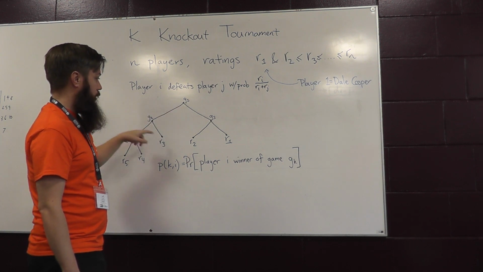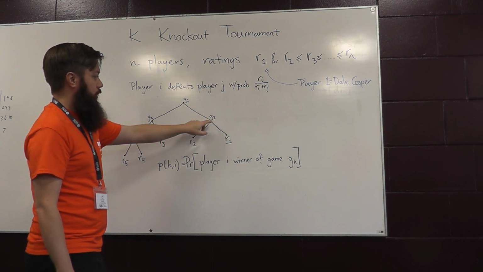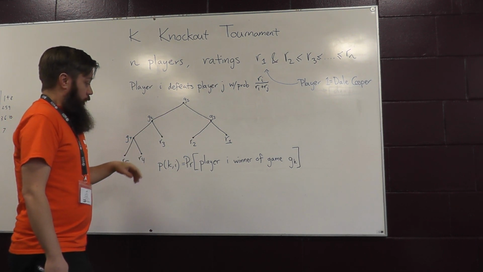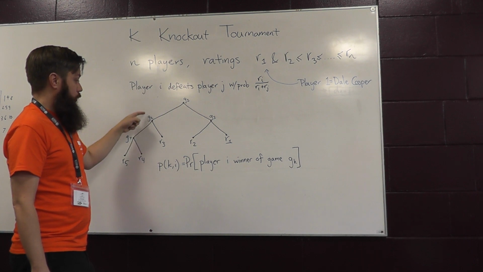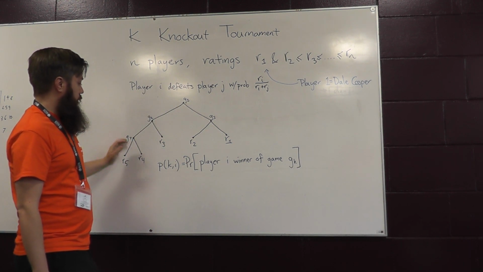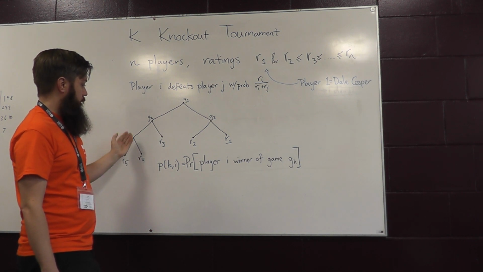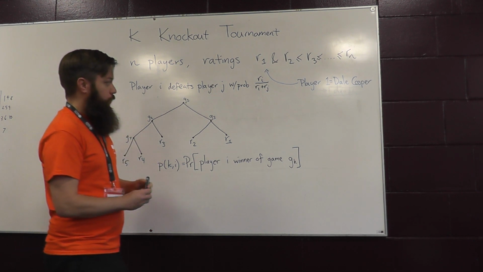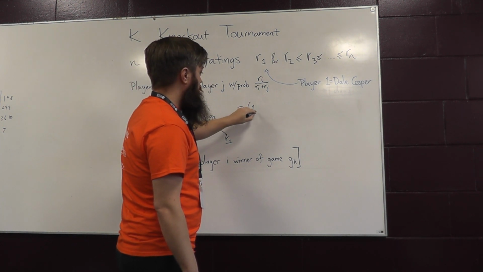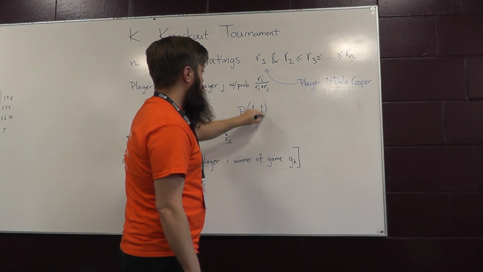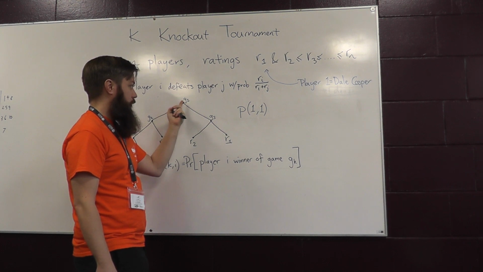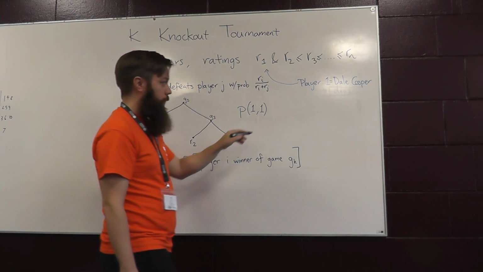The root game is game 1, then the two previous games are games 2 and 3, and so on. So P(2, 3) is the probability that player 3 wins game 2, coming out as champion of that game. The quantity we're trying to compute is P(1, 1), the probability that player 1, Dale, comes out as the champion of the root game.